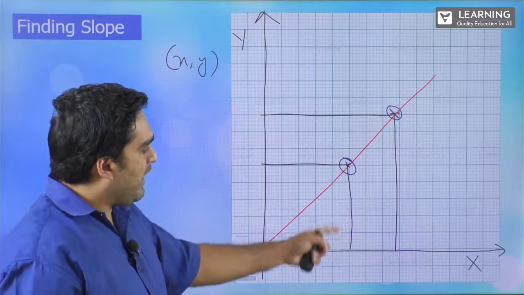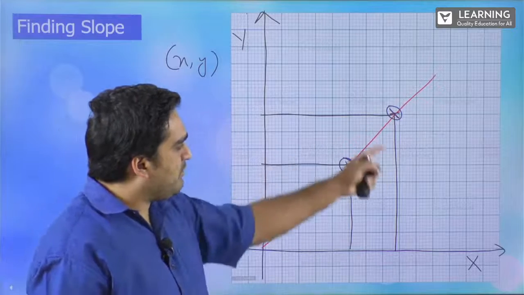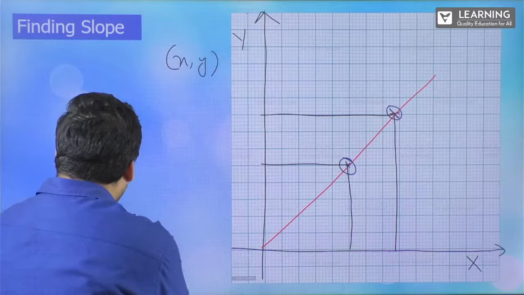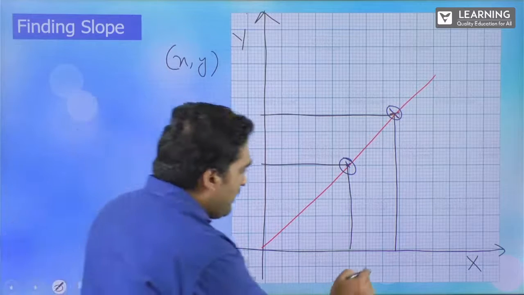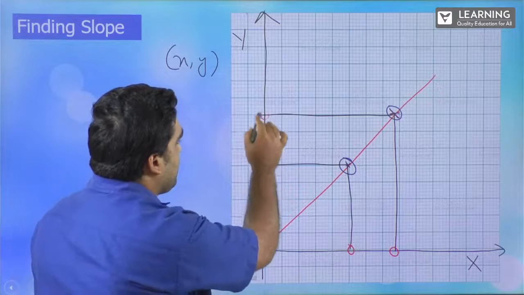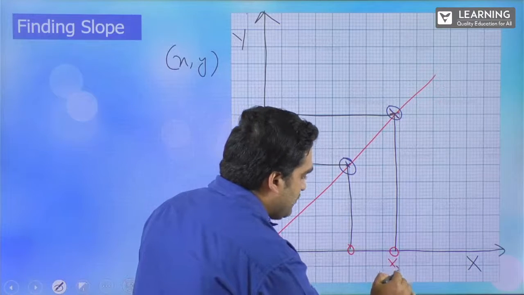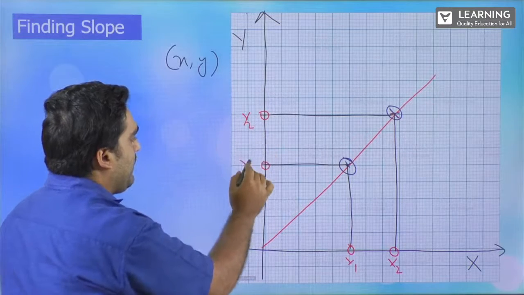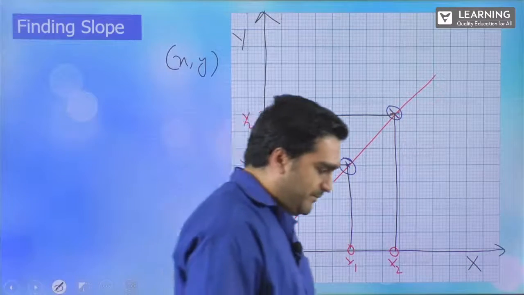Now you have these lines that are projected onto the x-axis and the y-axis. The points where they meet the x-axis and y-axis, I will name x2, x1 and y2, y1 respectively.